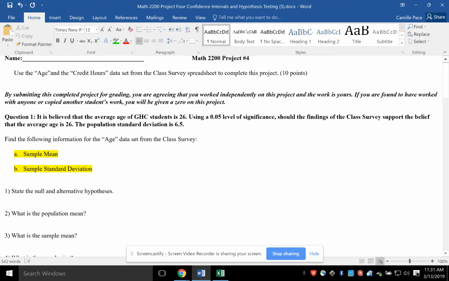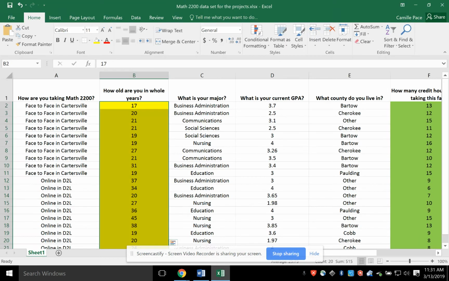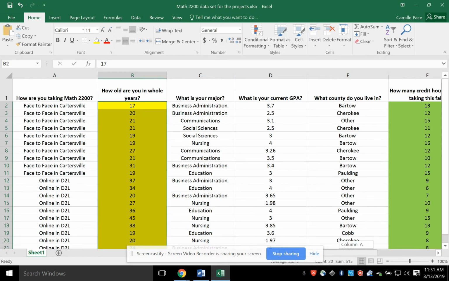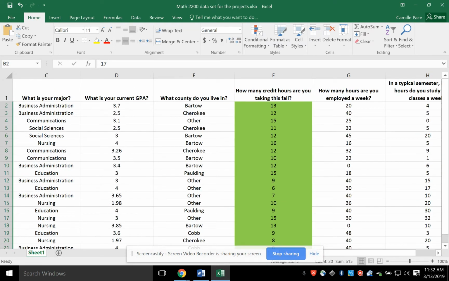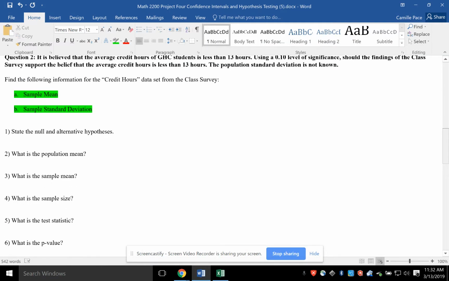For problem 2, you're going to use credit hours. You have the information in the problem, and then you need to get the sample mean and sample standard deviation. Again, if I go to my data set, it says here credit hours in green. That's what I need to do, so I need to find that information.